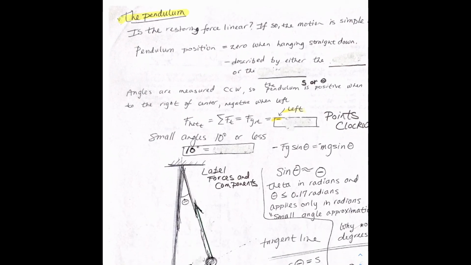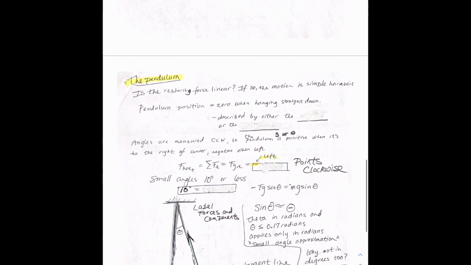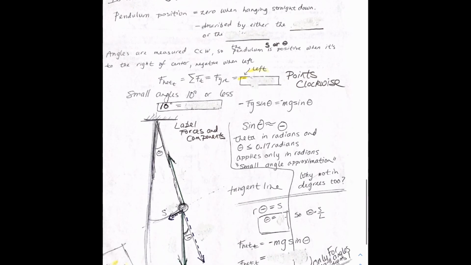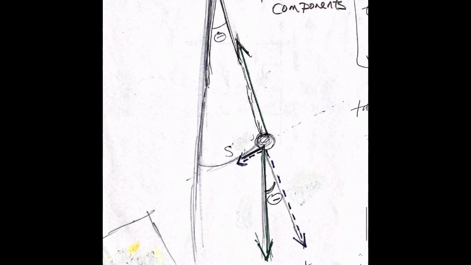And so let's go ahead and look at that. Okay, so is the restoring force linear? If so, the motion is simple harmonic. A pendulum's position, we're going to call 0 when the pendulum is hanging straight down. So here, what we have in this picture is a pendulum that has been displaced to the right from straight down.